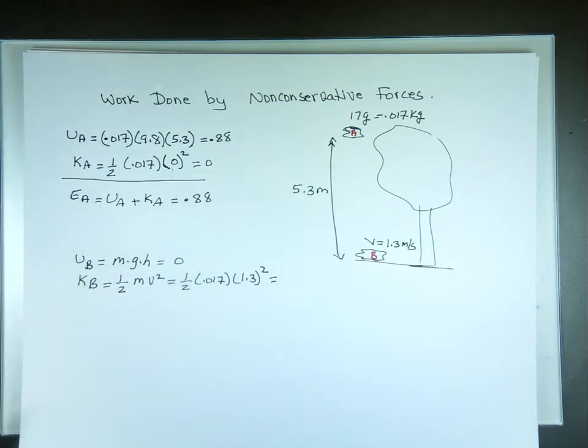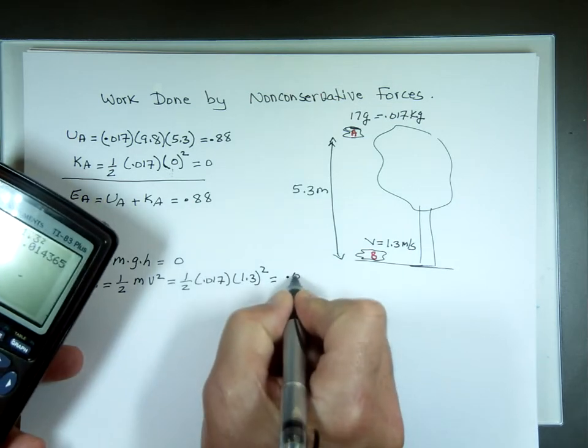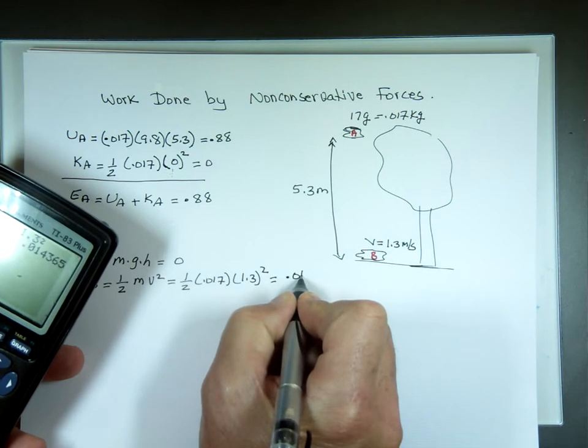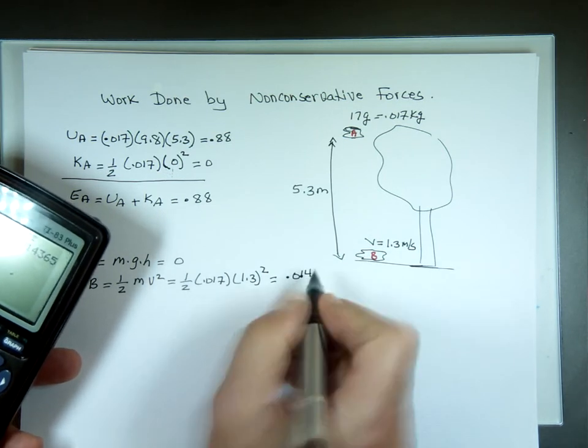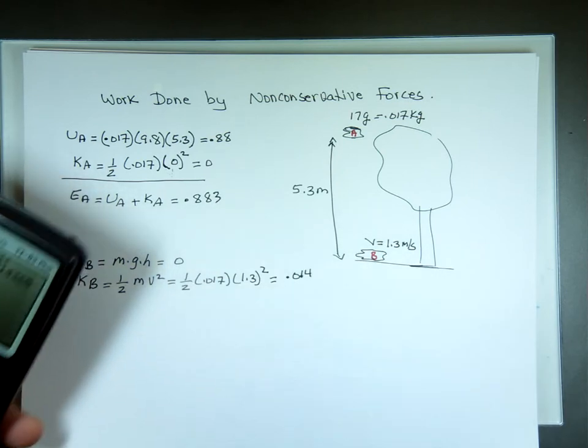And it had better be less than 0.88. I got 0.0143. I'll do 3 significant digits here, just to show. 0.014.